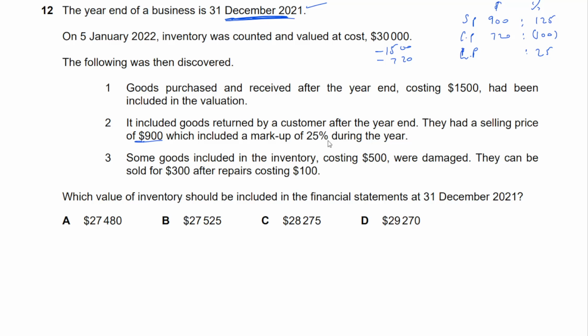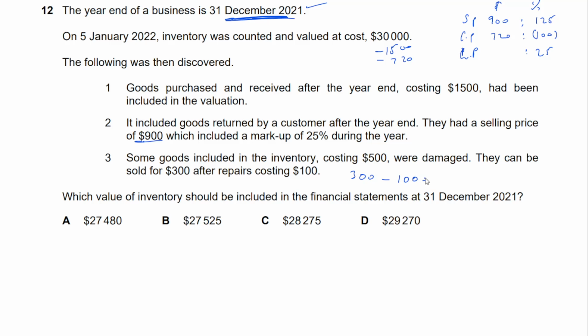Some goods included in the inventory costing $500 were damaged. They can be sold for 300 after repairs costing $100. So it's the lower of cost and NRV. We'll have to value this at net realizable value, which is the expected selling price minus any cost of selling.